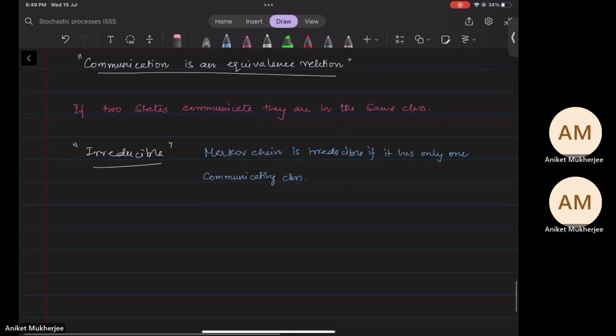Let me give an example with states 0, 1, 2, and so on. Okay, here you go. Let me find it.